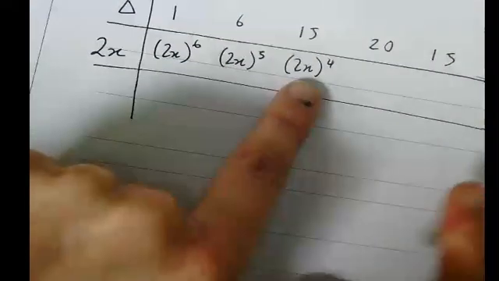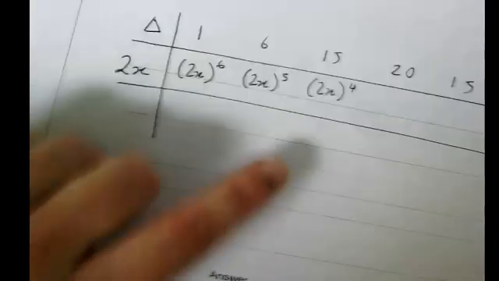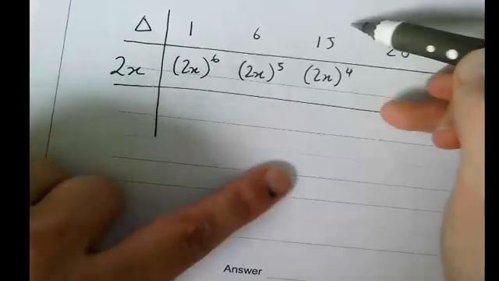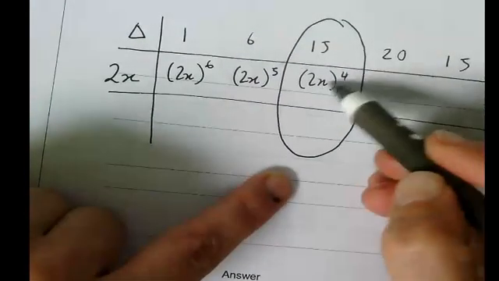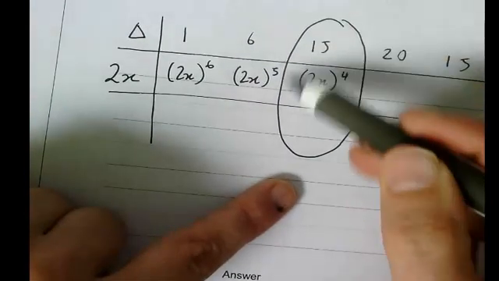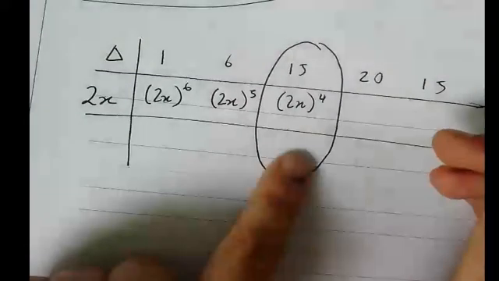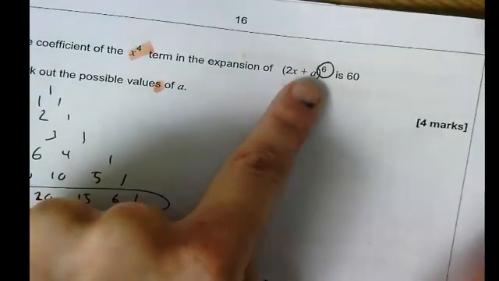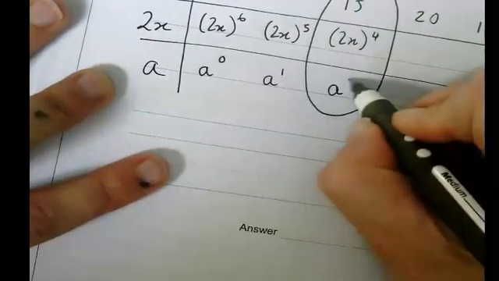I'm going to stop here because it was asking about the x to the 4 term, so I only need this column, I don't need to fill in my whole table. I can now just zoom in on this column. So that's my a: a to the 0, a to the 1, a squared.